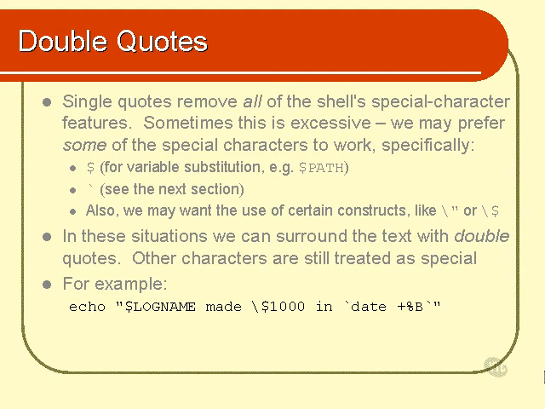I'm not going to explain just at this point what enclosing text within back quotes does, but suffice it to say that whatever it does, it's going to continue to do it because back quotes remain special inside double quotes. Then of course we have the closing double quote right on the end of the line. Now that will give us Peter, let's assume Peter is the current login name, so that the log name will be substituted there, and we'll get Peter made $1,000.